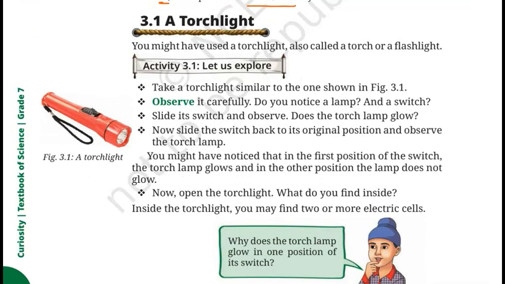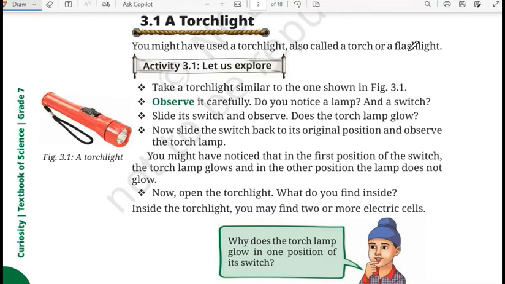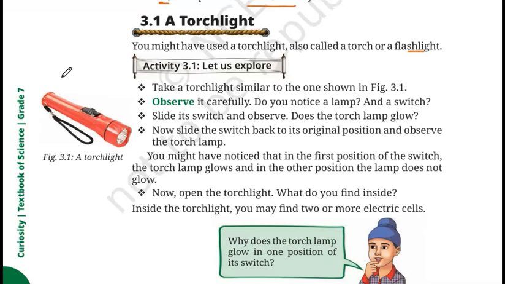torchlight. Now, in this activity, the torchlight, which is also called a flashlight, we will learn how to switch it on. Okay, so if you take a torch and observe it carefully, you will notice there is a lamp at the front and there is a switch on the body.